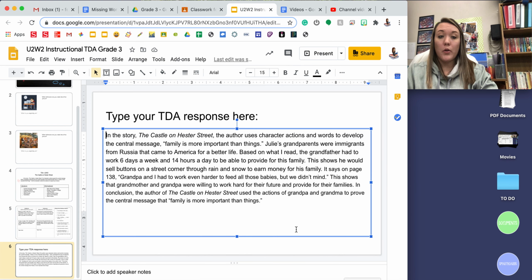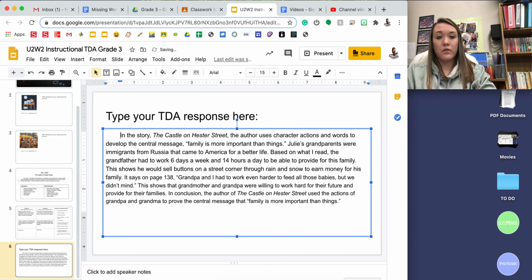One thing I'm noticing I forgot to do is indent my paragraph. I do that by clicking in front of the word in and clicking the tab button. That makes the indent for me. Remember, indents identify that a paragraph is present.